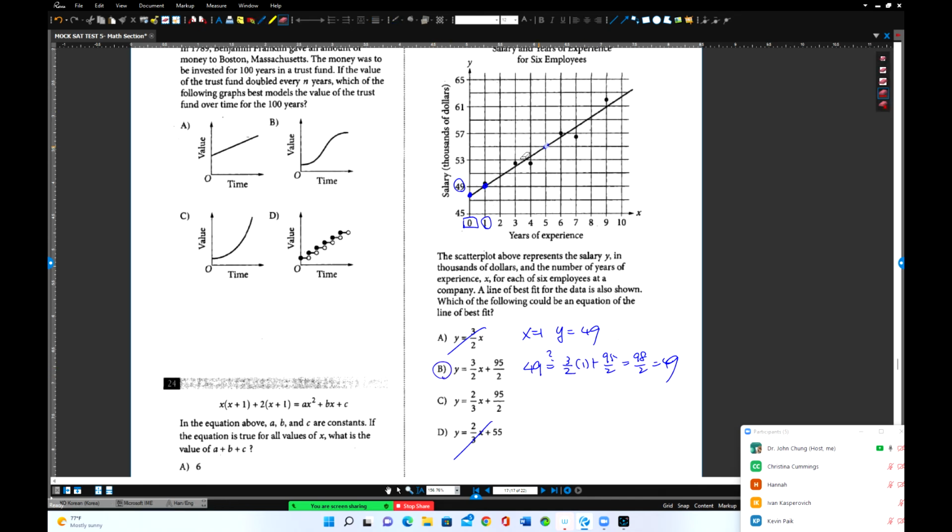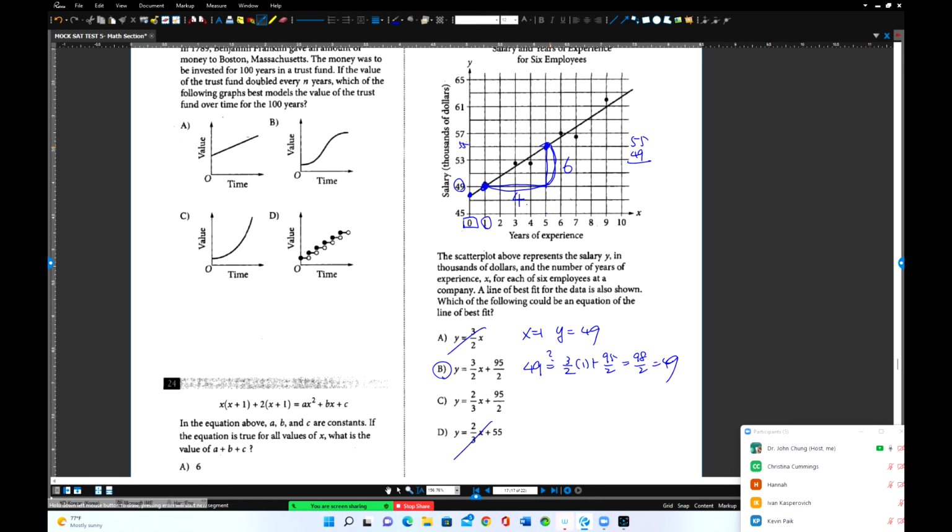Or you can use the slope, because we have two intersections over here. This is 49, and this is 55. 55 minus 49, how much? The change in y is 55 minus 49, which is 6. What about this one? 5 minus 1 is 4, isn't it?